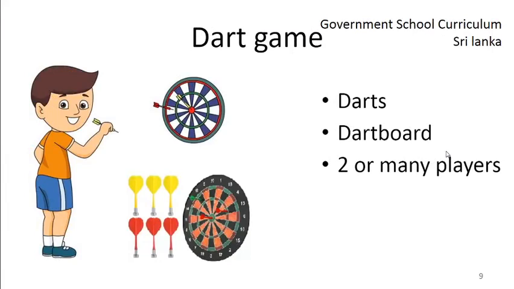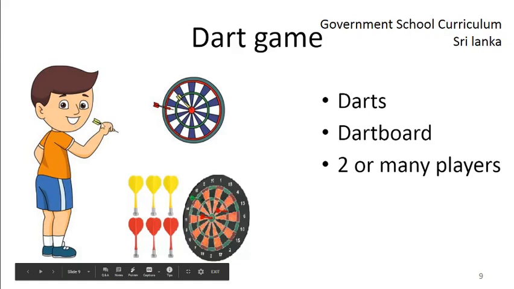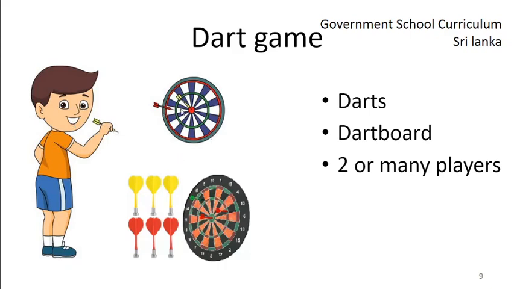Okay, now let's play the dart game. Have you ever seen or played darts? For this game we need darts and a dart board. So, this boy is having a dart and a dart board. Now he is playing.